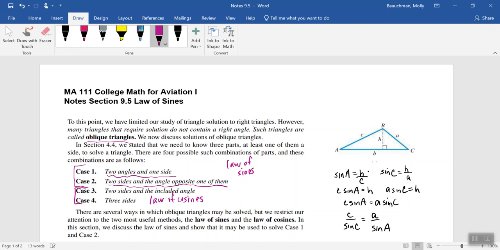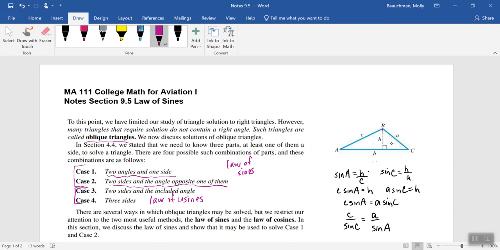So what is the law of sines? If you take an oblique triangle, you can cut it into two right triangles. The height is at right angles from the vertex B up top.